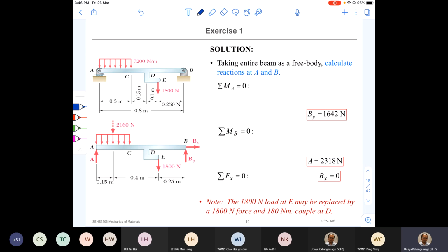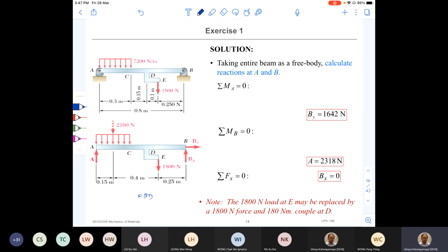Right. So the first diagram is the physical system that we have seen before in the exercise, and what is drawn at the bottom is the FBD, the free body diagram. There you can see that I have marked the reaction force at A, which is a roller support, so only a vertical reaction force A, and at B it is a pin joint.